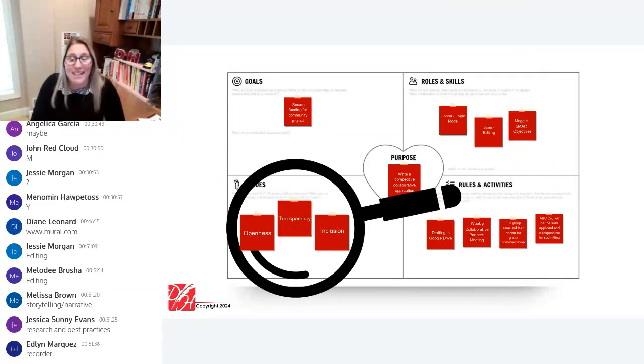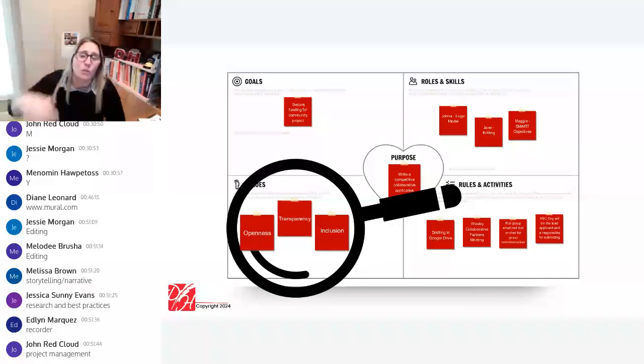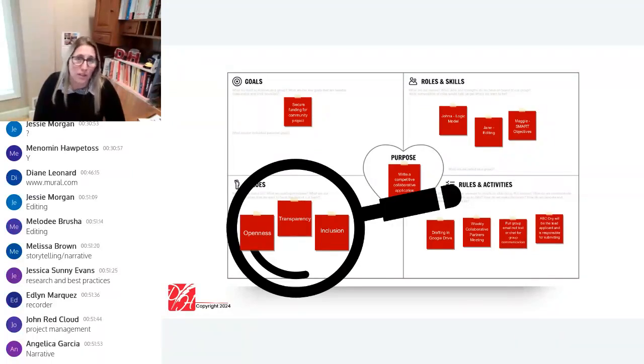Once we have that set, what's in the room? Who is bringing what special skill? What role might they play? Then we can think about what are the shared values that are going to be important to us. They might tie to the values that are in your organizational strategic plans and your visioning documents.